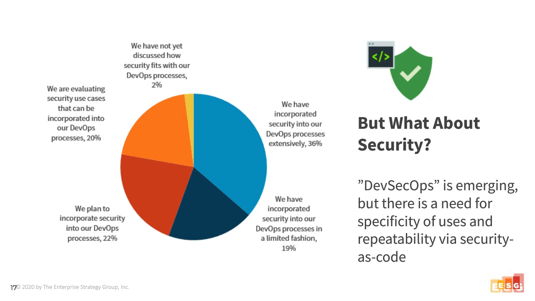What do I think that means? I think we need more specificity of use cases, and we need to be thinking about repeatability. The background here is overstated: we have an acute shortage of cybersecurity skills. Now we're asking our cybersecurity team to embed themselves into Scrum teams. Very often they need to start coding.